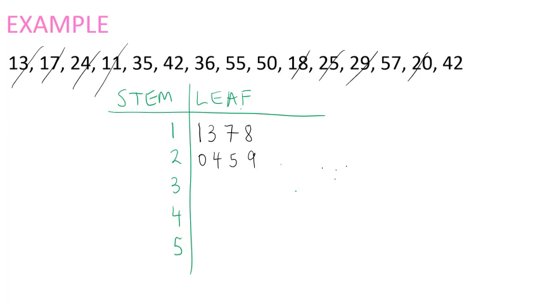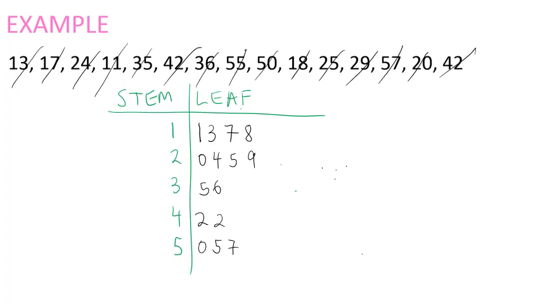Then on to my 30s, I've got 35, 36. Then on to my 40s, I've got 42 and 42. 50, I've got 50, 55, and 57. So there's my stem and leaf plot drawn.